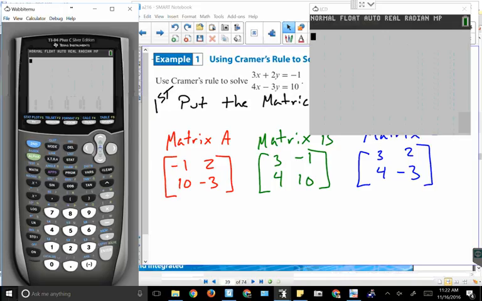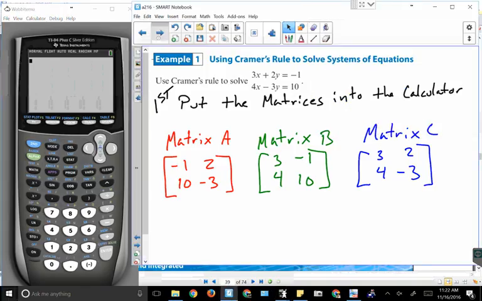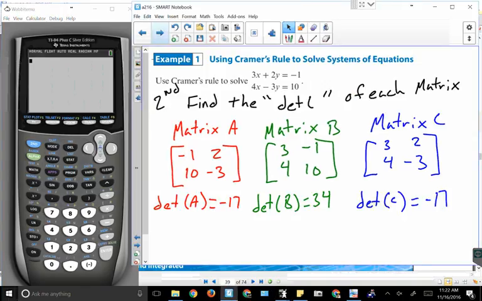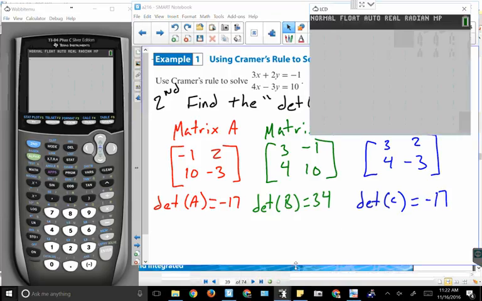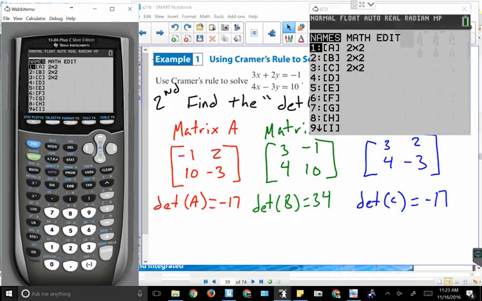Okay? So, next part. What we need to do is find the determinant of each matrix. We've done this before. So I hit second, matrix. We have to go to math, right? Because that's where we find the determinant.